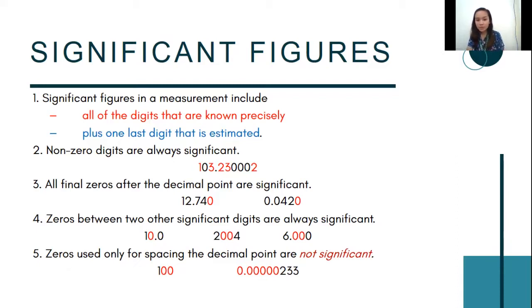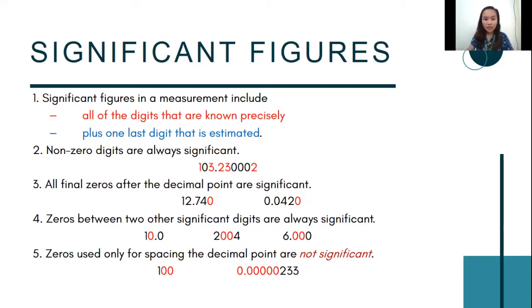So the zero here is considered significant, because it follows the non-zero digits. The same with 0.0420. So only the final zero is the significant one. The zeros at the first part are not considered as significant.